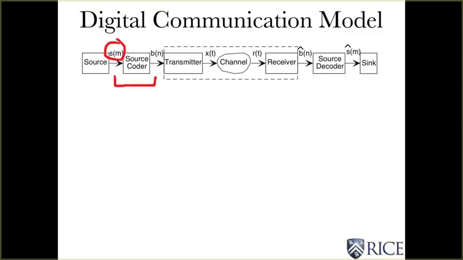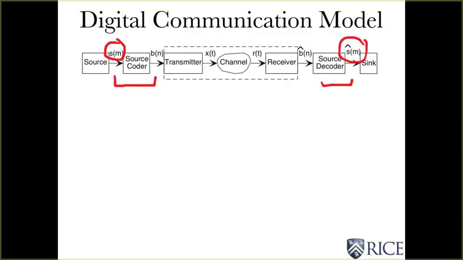The job of the source coder is to convert that to bits, and hopefully efficiently. Do that in such a way that the source decoder can figure out what the original signal was without error. So that's what we're trying to do. We want it as efficient as possible, but not too efficient, so that we can't figure out what had happened.